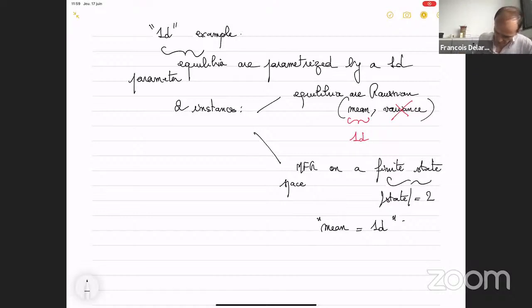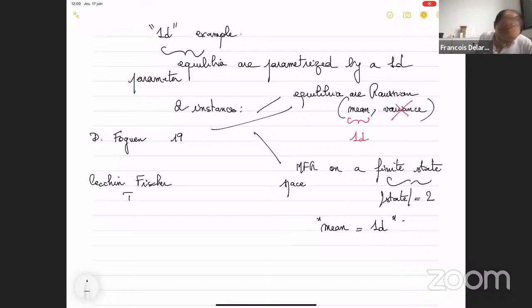For the first one, I did a paper with one of my former PhD students, Fogen. This was published maybe 19 or 20, I don't remember. And for the second one, there is a nice paper by Caines, Fischer, Dai Pra, and I think the last one is Pellino. This is around the same date, the same year, 19.